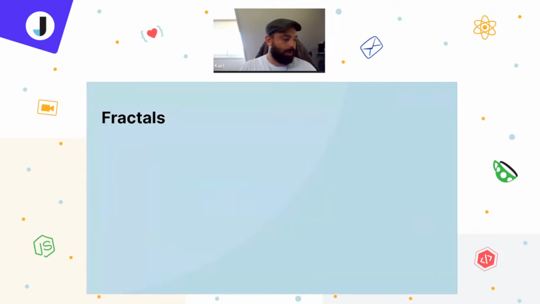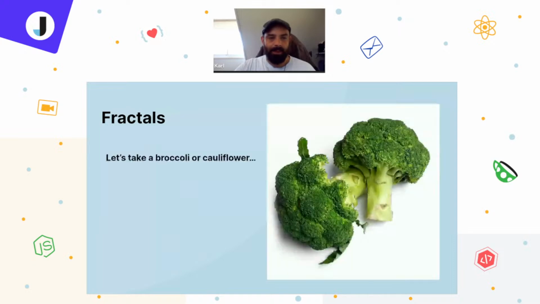Now let's talk a little bit about the fractals. Here I have a broccoli, right? Here we can observe a broccoli, and this is a nice vegetable. I really like broccoli, and it has a peculiar characteristic.